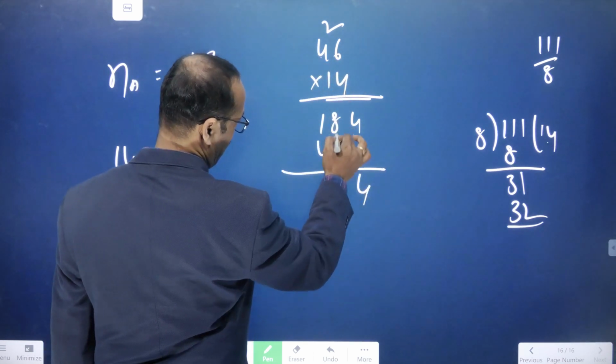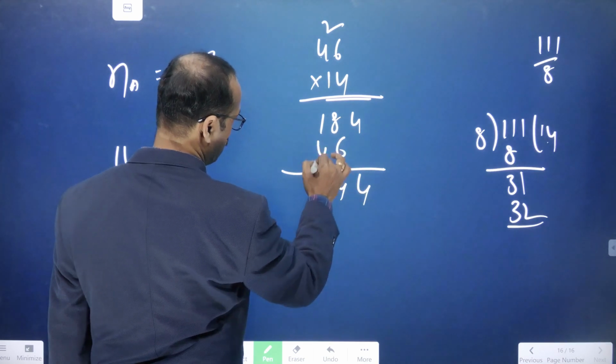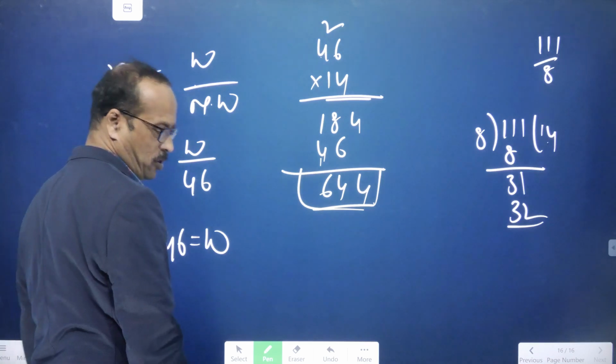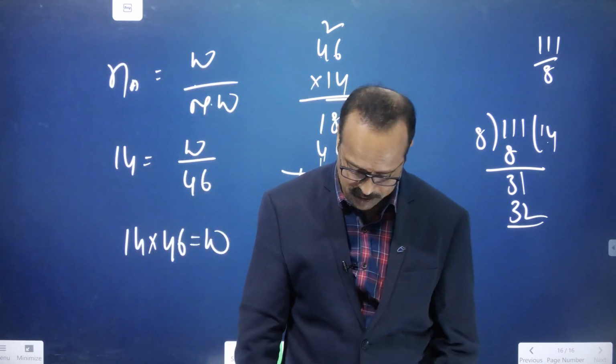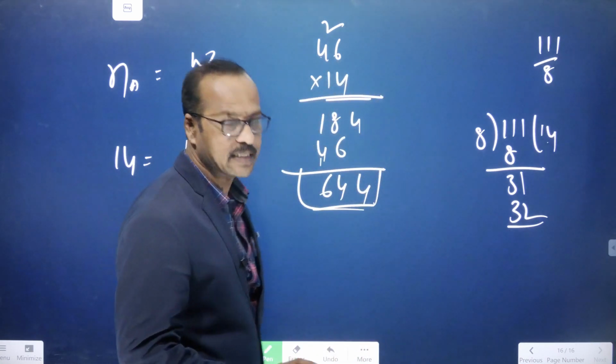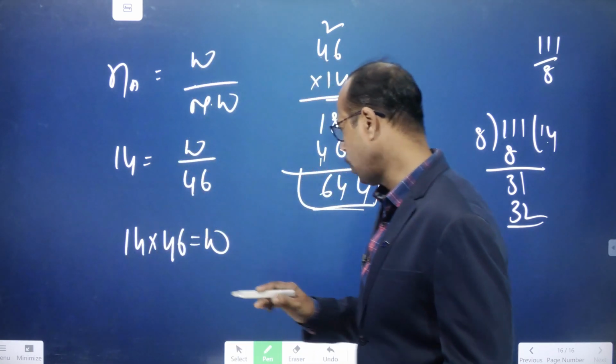Now 4 8 plus 6, 14. So we get approximately 644. A very close number is 638, so you can take the answer as 638, because here we ignored the decimal points.